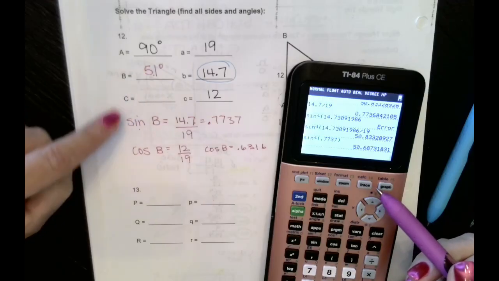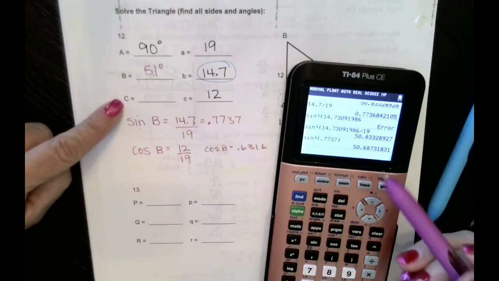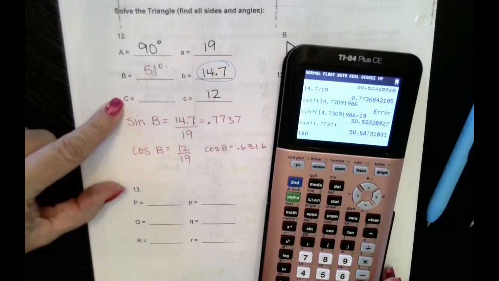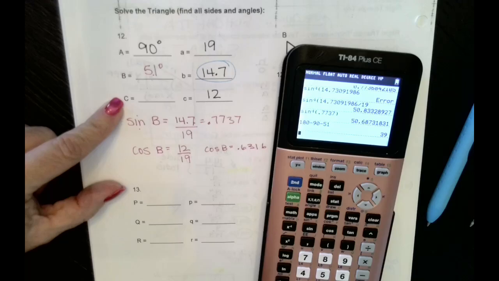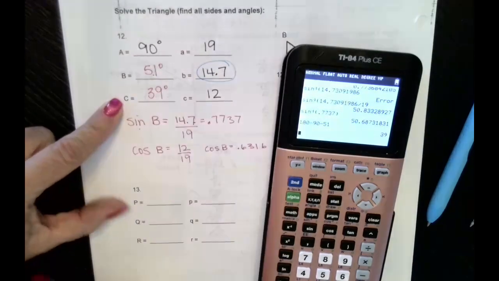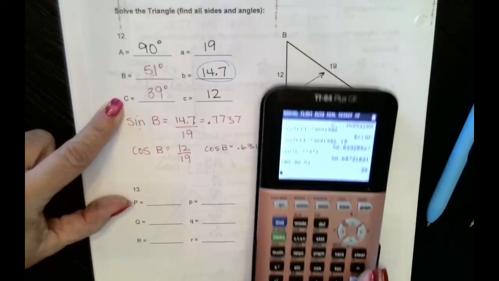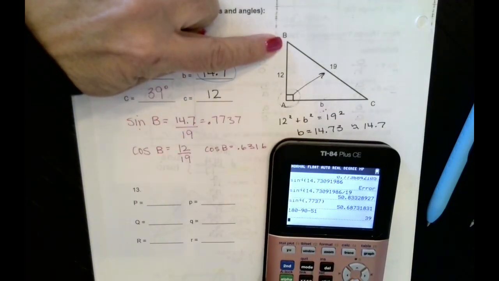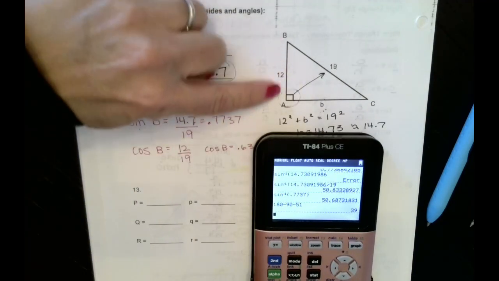Well, then I could do the same thing for angle C, or what's even easier is I know that there's 180 degrees in a triangle, and if I subtract 90 and I subtract 51, then I'm left with 39 degrees. So this is going to be 39 degrees. Now, if I want this angle, I'm going to do cosine because cosine is my known.